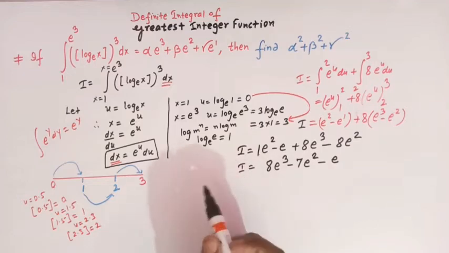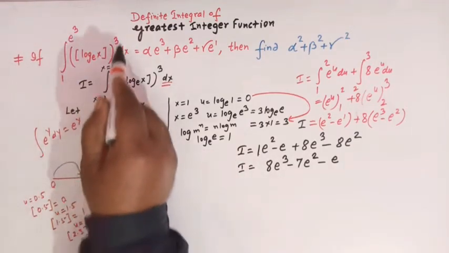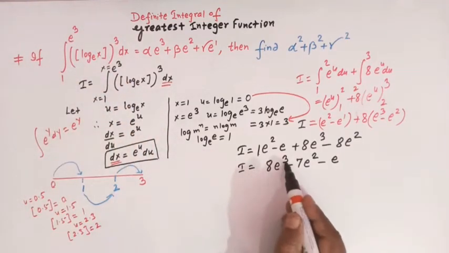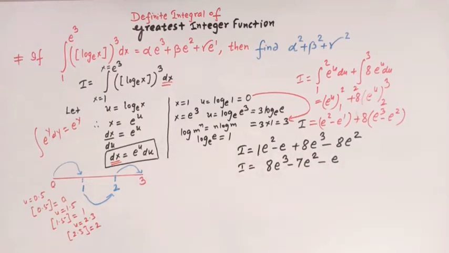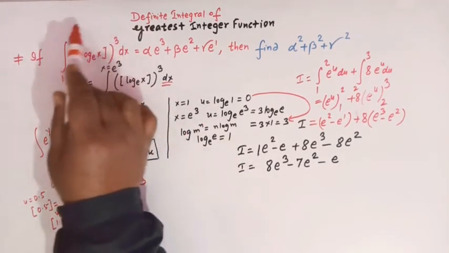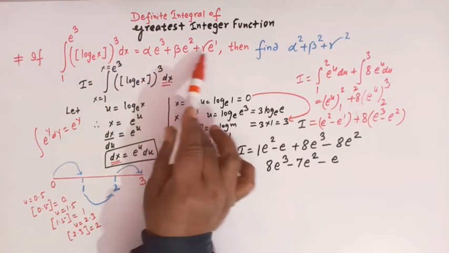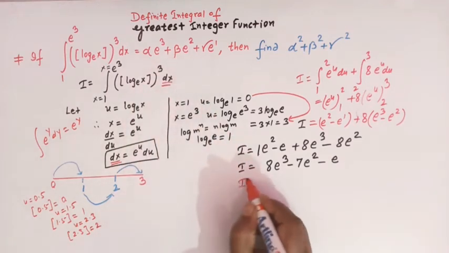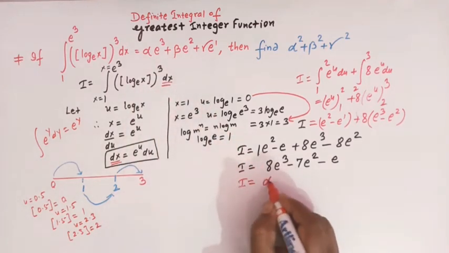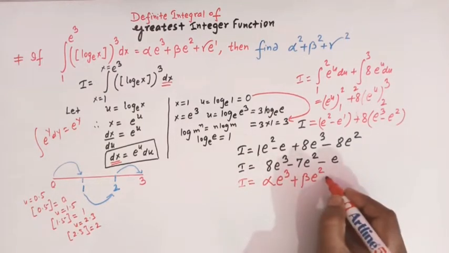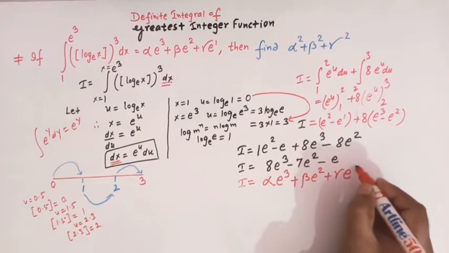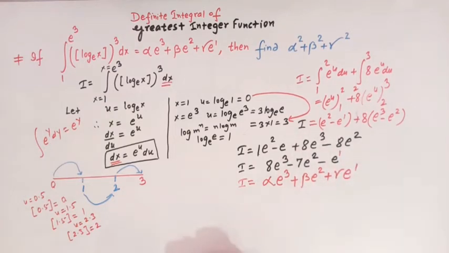So the value of this integral is 8 e cube minus 7 e square minus e, where e is the exponential number. Now the value of this integral is given by this expression, that is I is also given as alpha e cube plus beta e square plus gamma e raised to 1. So here also we can take 1.